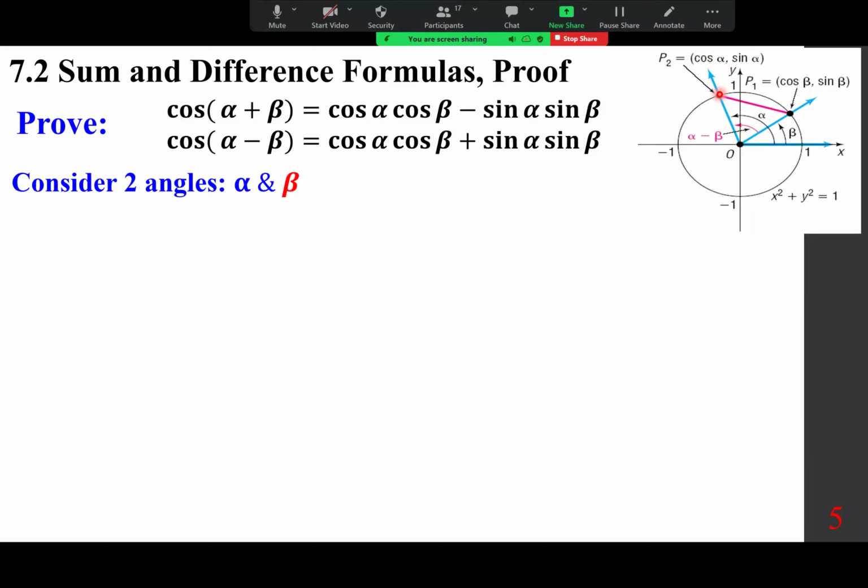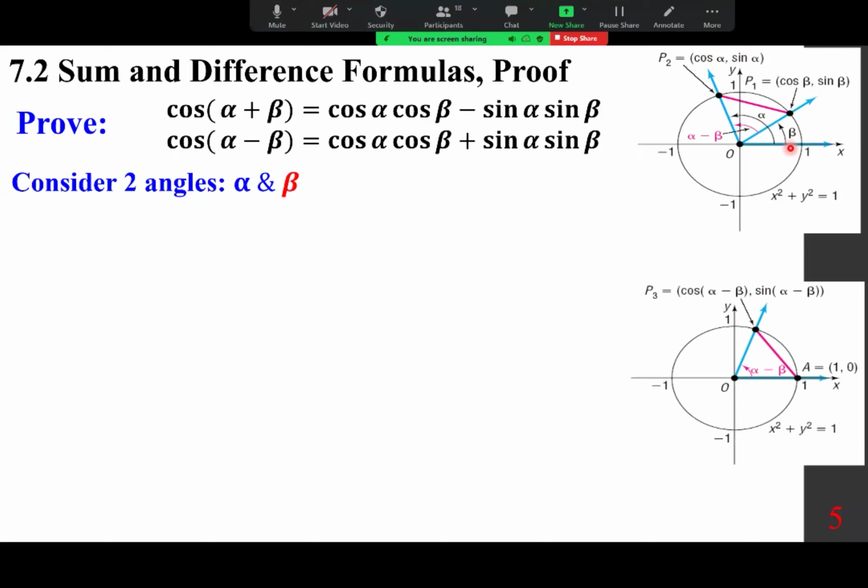If we move this such that P1 actually moves to this point, this angle is alpha minus beta, and this distance is the same as this distance because it contains the same central angle, alpha minus beta.